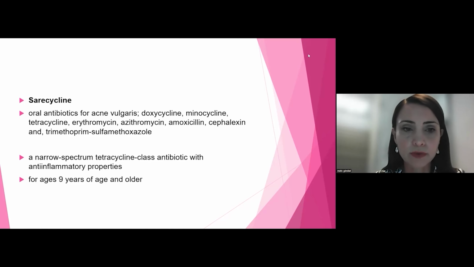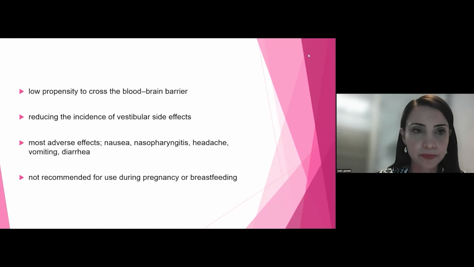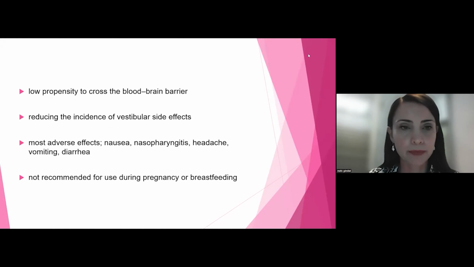It is a narrow spectrum tetracycline. I mentioned it is a third generation tetracycline class antibiotic with anti-inflammatory properties. We can use this medicine for ages 9 years and older. It has low propensity to cross the blood-brain barrier.